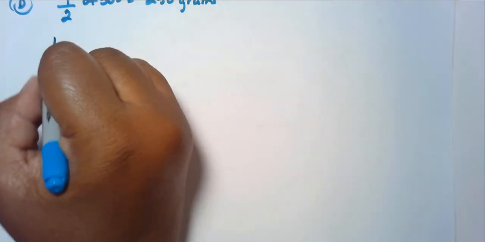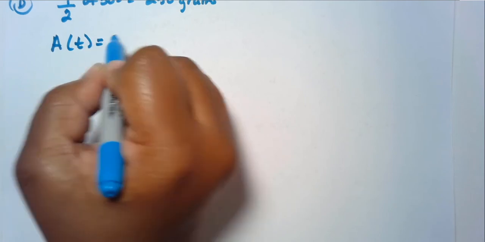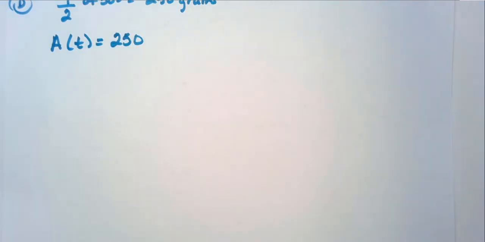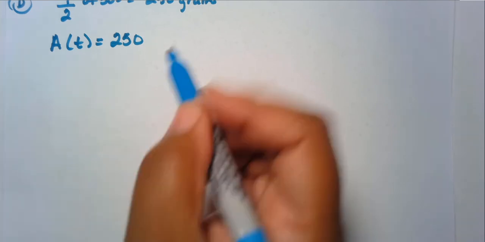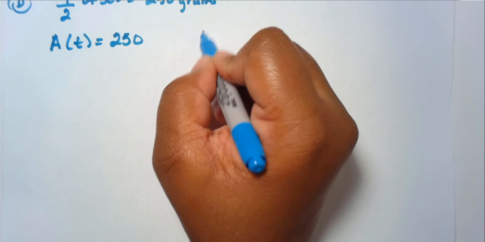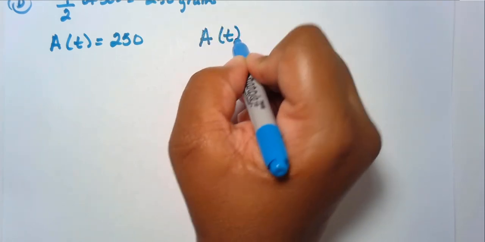So that will be our A of t, the amount that's present at the time. So we're going to plug it back into our formula.